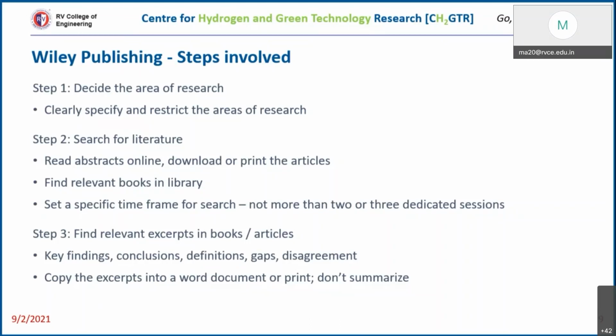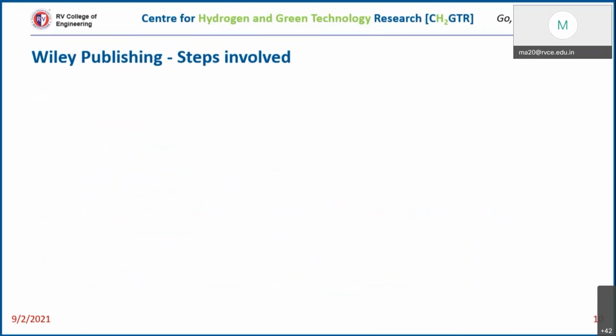At this stage, you are not going to write it in your own words, right? You literally copy the information and paste it at a place, because that saves a lot of time. So you read a piece of information, find that it is relevant, copy it and put it in a separate document. Or if it is a physical copy, you just keep it aside.